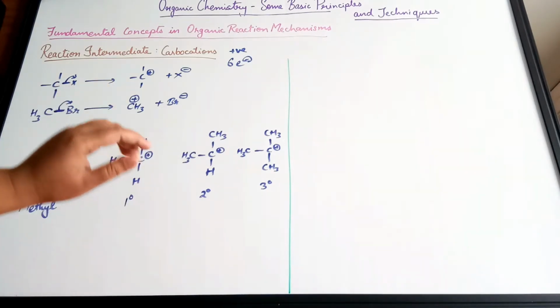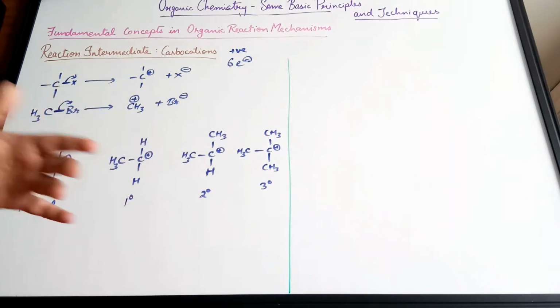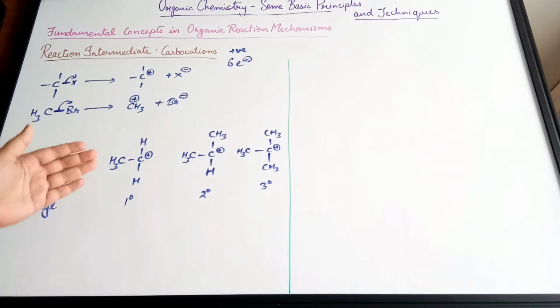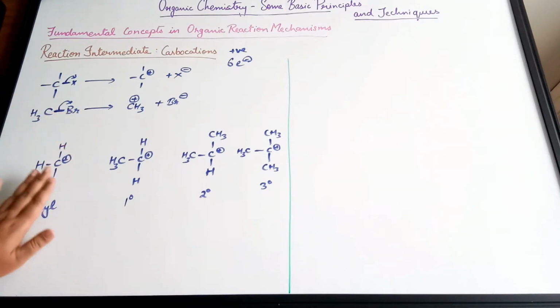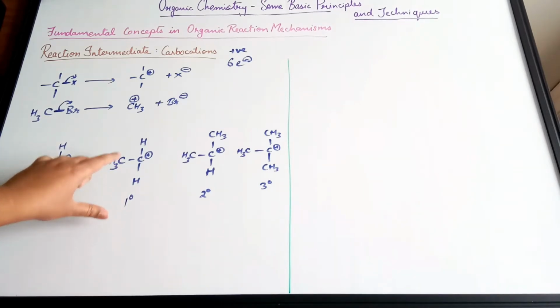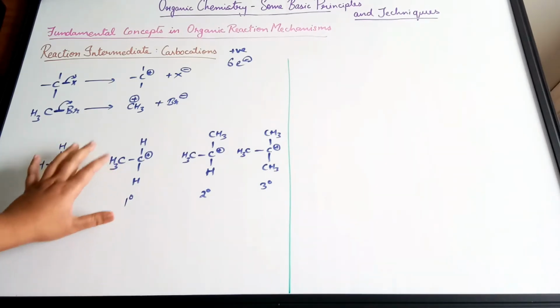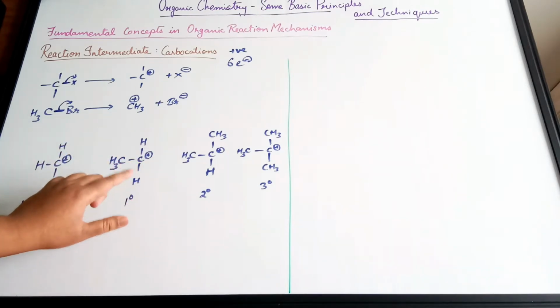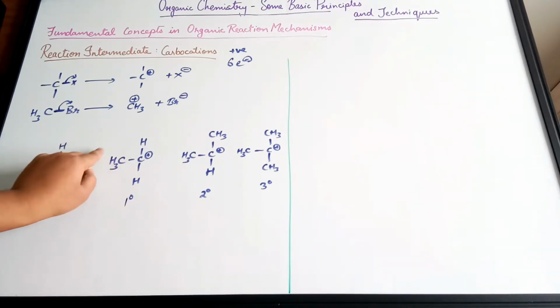All of this has an effect on the stability of the carbocation. Methyl does not have any electron releasing groups, so it is not stabilized by the inductive effect. But in primary, there is a CH3 group, so the electrons are displaced towards the carbocation carbon, and this helps its stability.